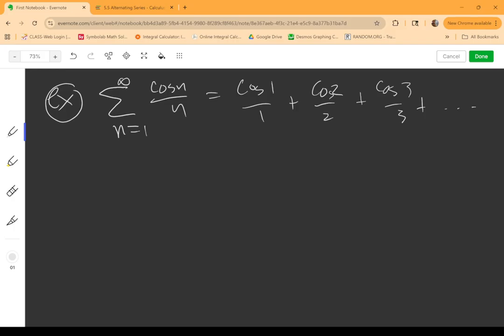Cosine 1, 2, those are in radians, so some of them are positive, some of them are negative, depending on what the input is.